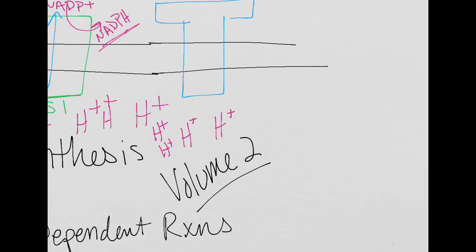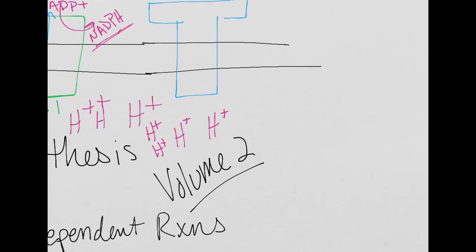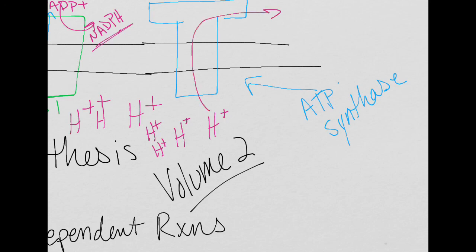And yet again, here comes along ATP synthase in our thylakoid membrane. And so yet again, ATP synthase will allow the hydrogens to exit the thylakoid space back into the stroma, the direction they want to go, because we've created this concentration gradient.